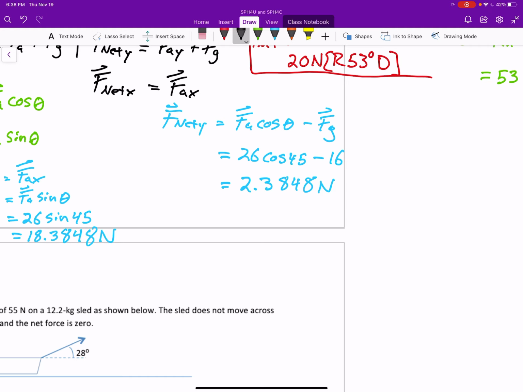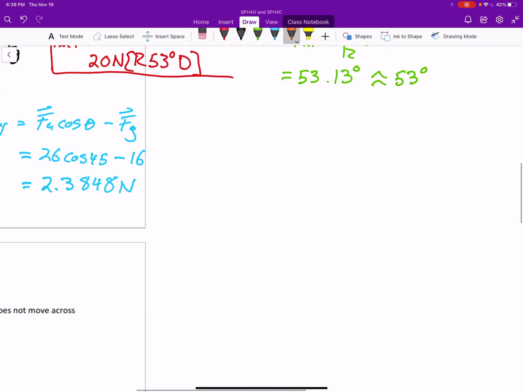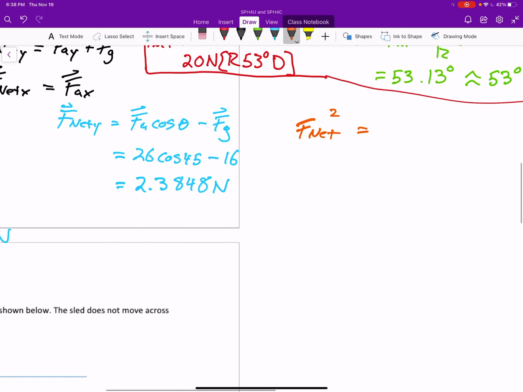I can do that in orange. So the net force, let me space over here. So then F net, the total, the net we were looking for, is going to be equal to its components, right? F net x squared plus F net y squared.